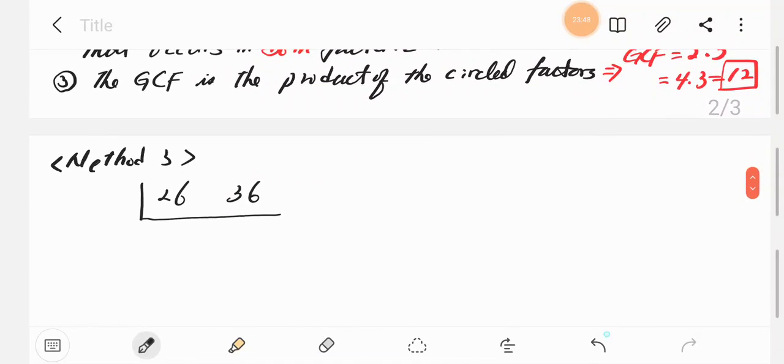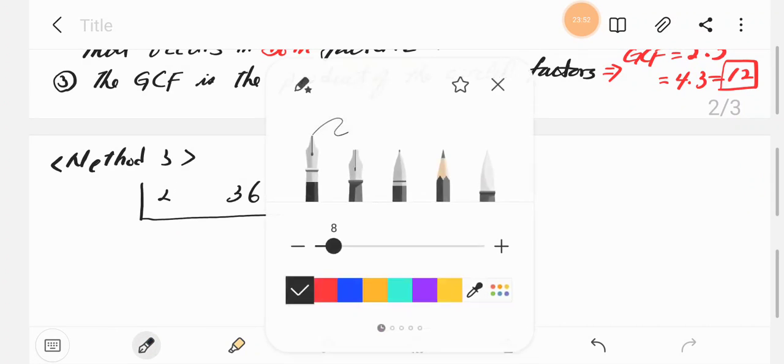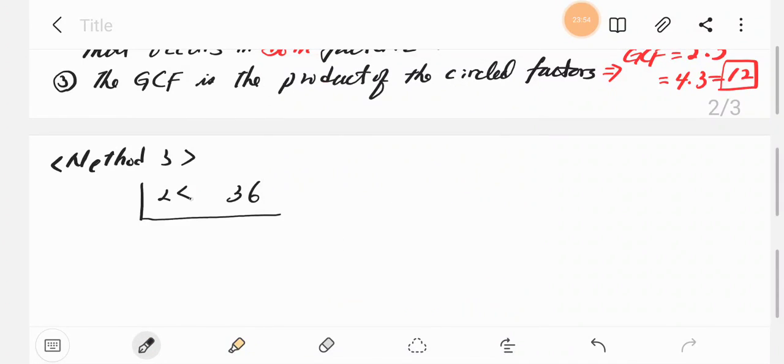This is 24, and then we are always looking to find the common factor, just like what we did in finding the LCM. Always start with finding the common factor and then divide it.